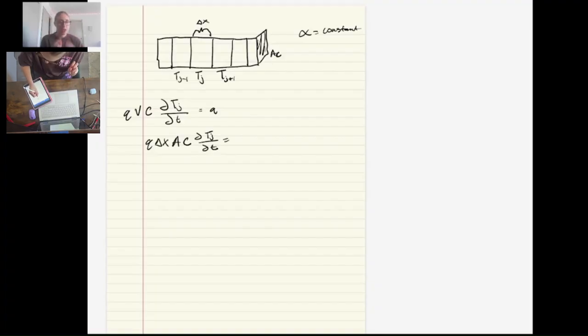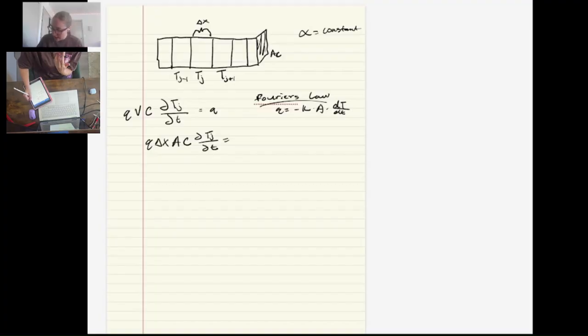Next we want to figure out what our Q is, so we have Fourier's law. Fourier's law tells us that Q is going to be equal to the negative thermal conductivity times our area times dT, the change in temperature over the change in position.